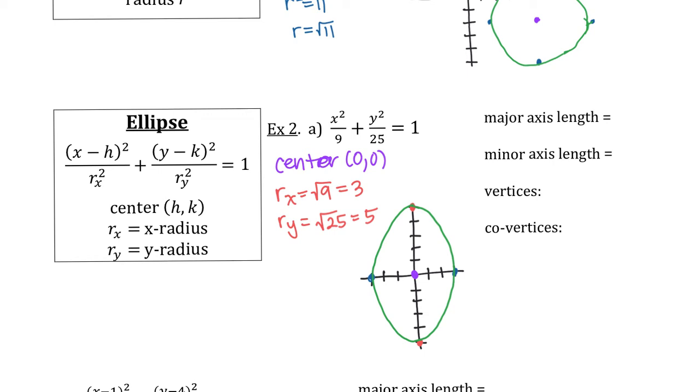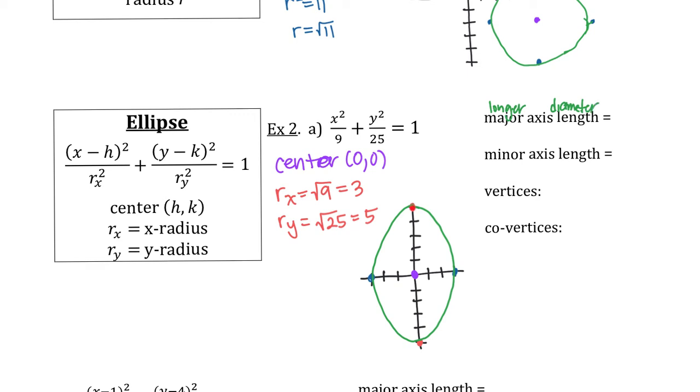Okay, now a couple words on this thing. The first thing is the major axis, or the length of the major axis. Think of an axis kind of as a diameter. Major means the bigger one. So this is really asking, what's the longer diameter of this ellipse?